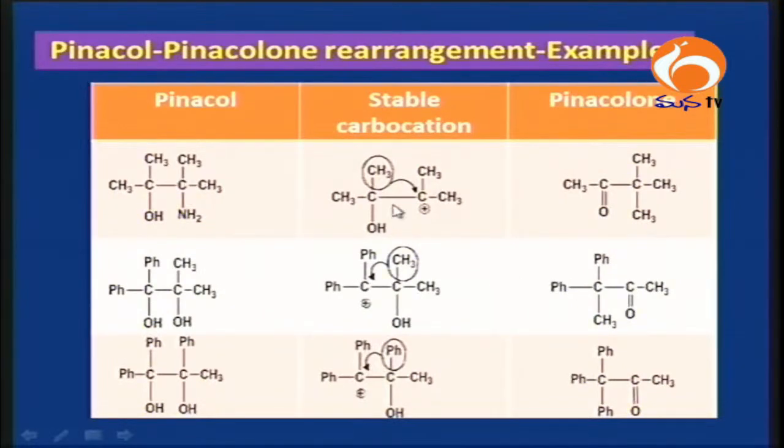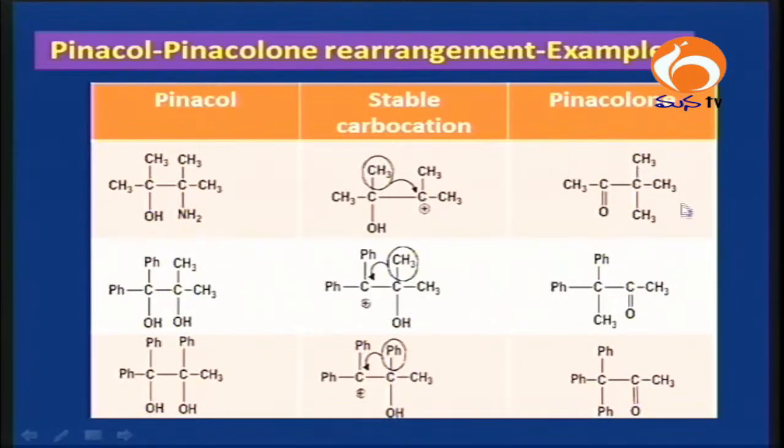These are the different examples for the pinacol-pinacolone rearrangement reaction. This is a pinacol and this is a pinacolone, and I have given the stable carbocations that are obtained in these rearrangement reactions. We will obtain the carbocation on this carbon, then the methyl will undergo a rearrangement with the bond pair of electrons.